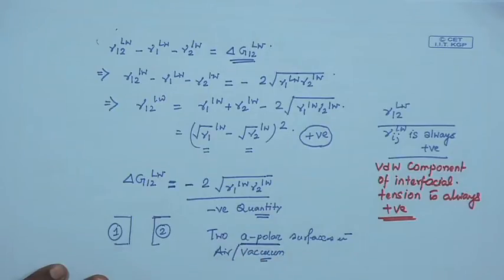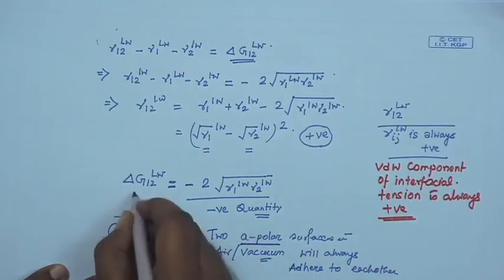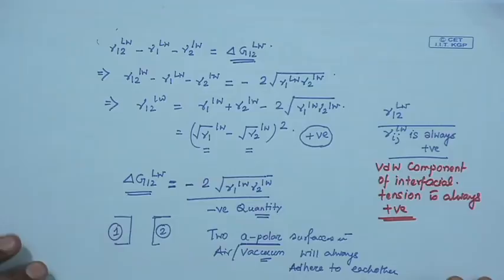Because there is no polarity, therefore, the entire interaction is due to van der Waals interaction. Air or vacuum will always adhere to each other. Why? Because delta G12 is negative, and we had already argued that any system which leads to minimization of energy is favored, right.